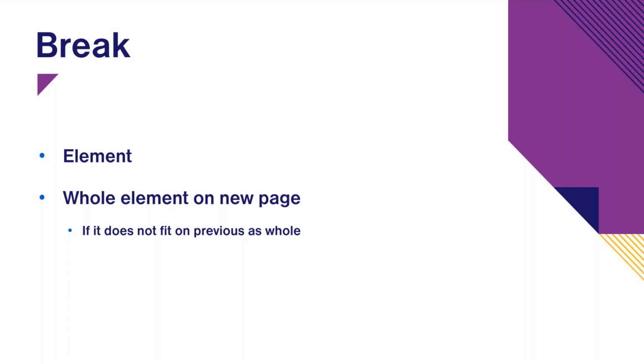You can check the break parameter, and it will make sure that the whole item will be moved to a next page, so it will be shown as a whole.